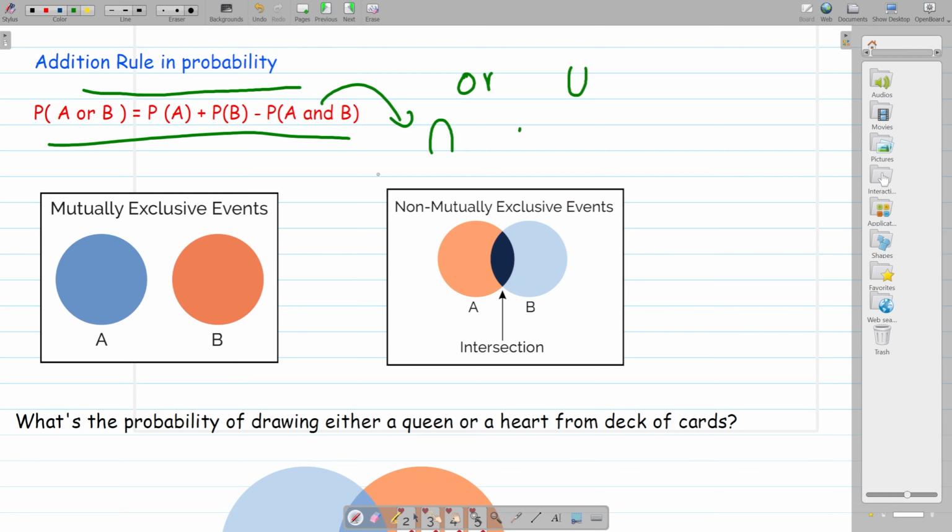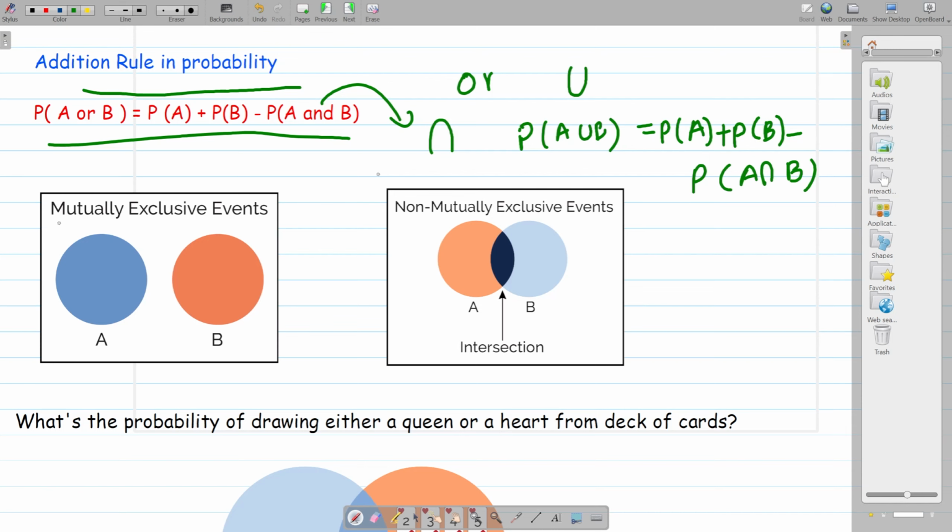What is the meaning of P(A or B)? It means the total probability of A and B. P(A) is the probability of event A, P(B) is the probability of event B, and probability of A and B is the common probability of both happening together.